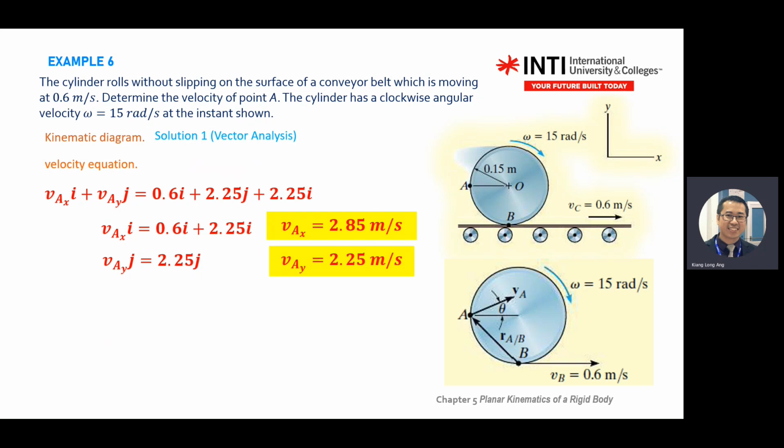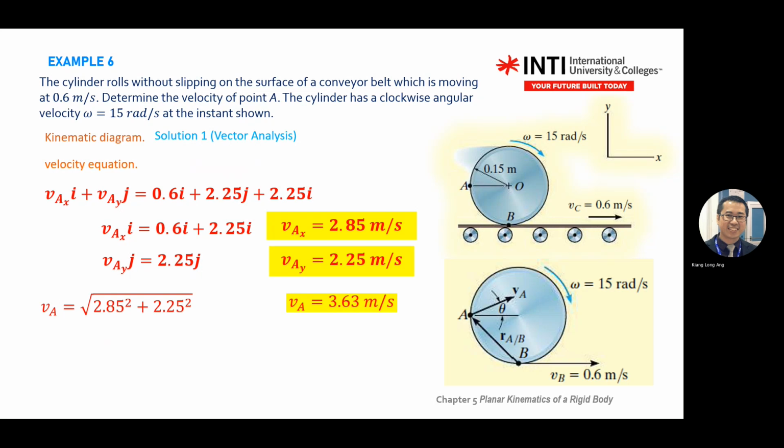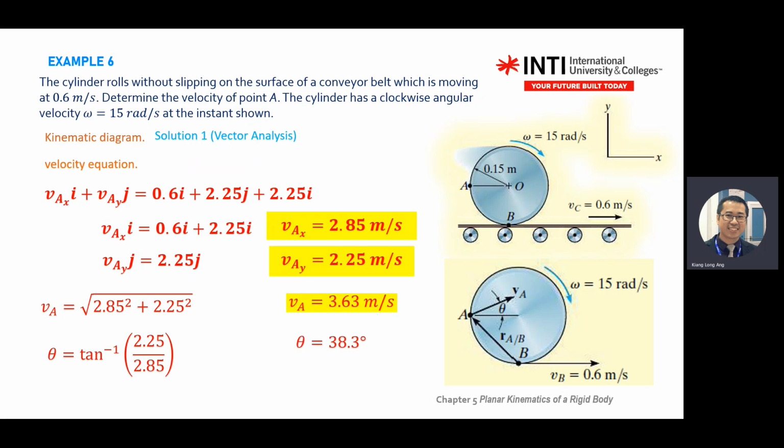Square this one plus square this one, square root. Then you get VA. The direction you should be able to find. It's a tangent. Then you get 38.3, which is here.